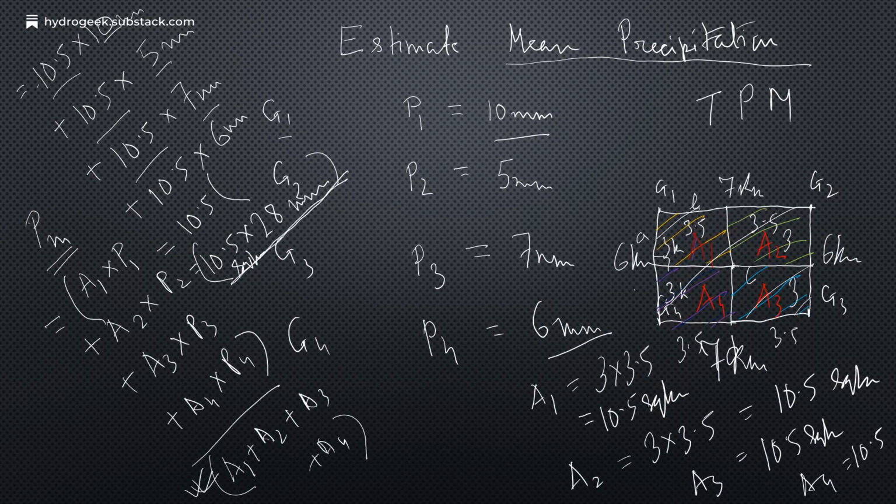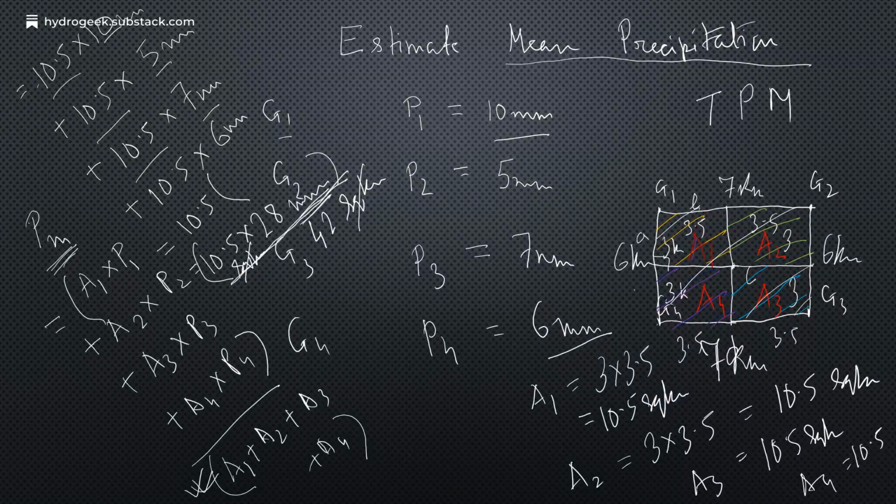This is 42 square kilometers. Now you see the square kilometer gets deducted. What remains is the millimeter, which is the unit of precipitation, or rather mean precipitation.